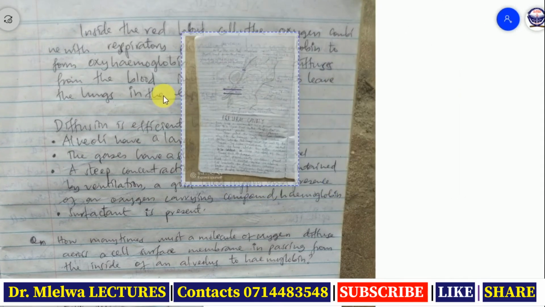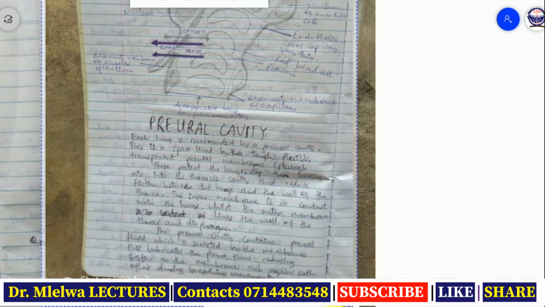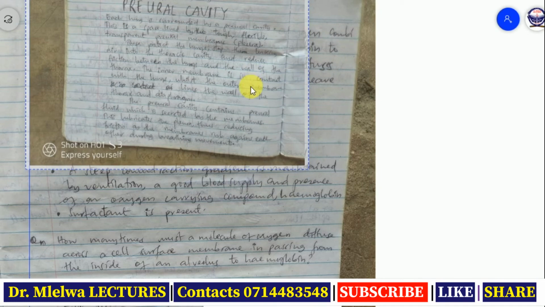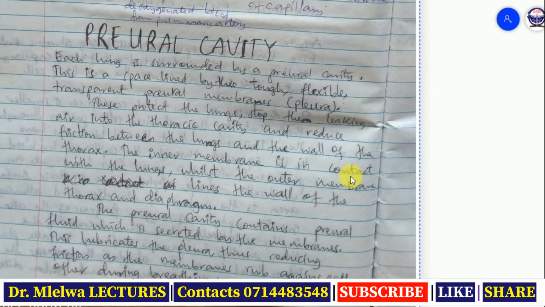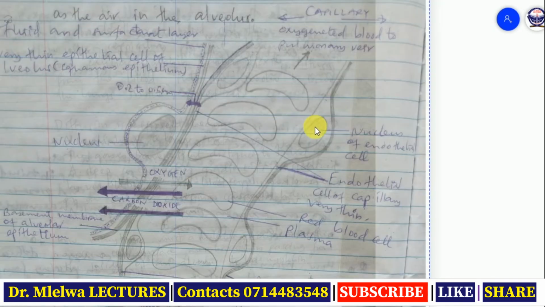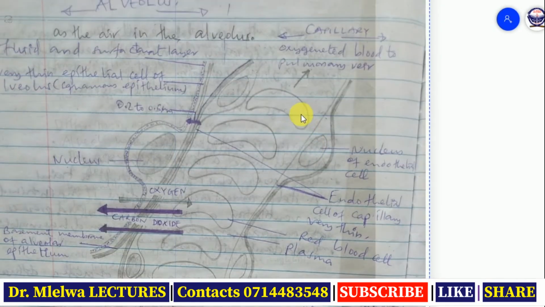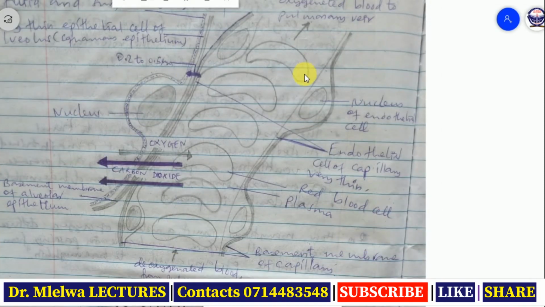So the diagram here simply can explain what is happening at the alveoli when the blood reaches the alveoli. So let's discuss this diagram. As you can see, this diagram is from the biological science book.